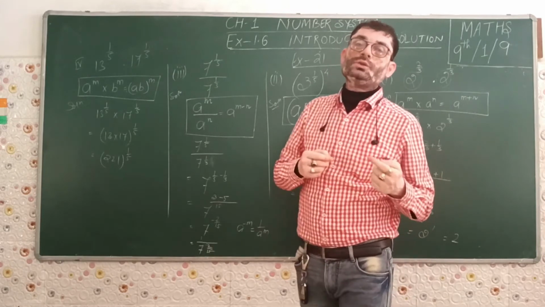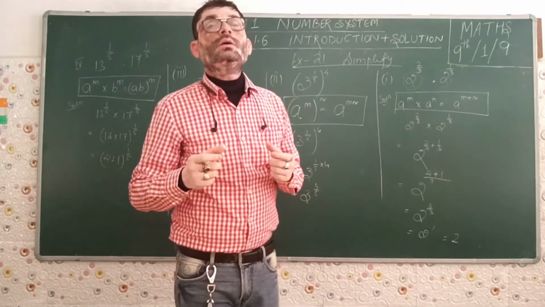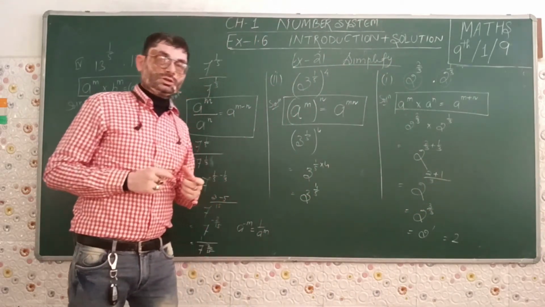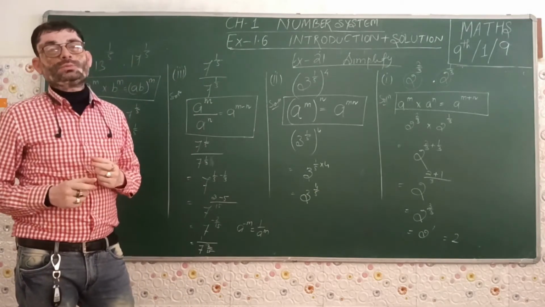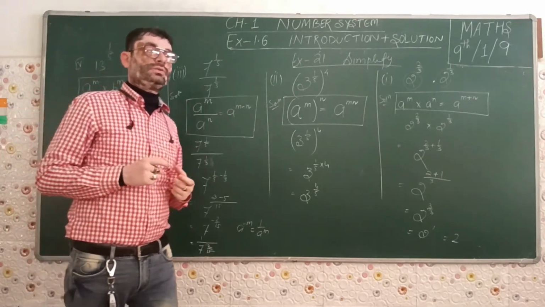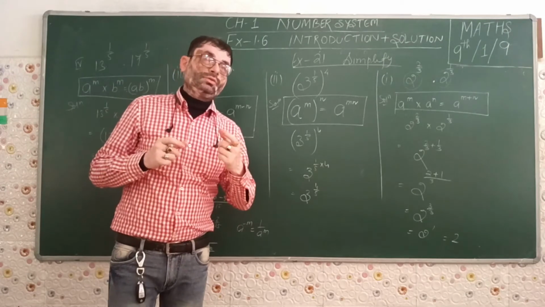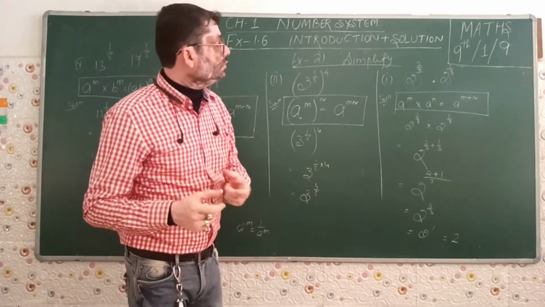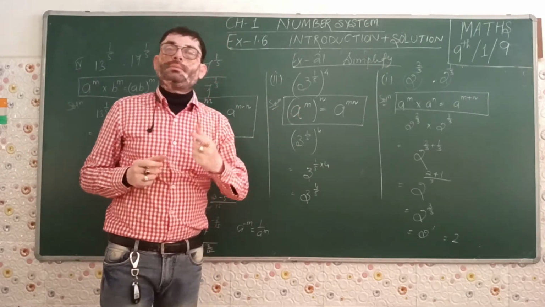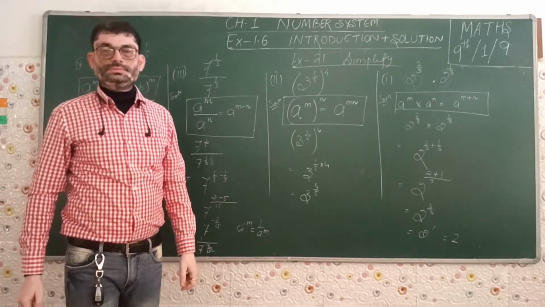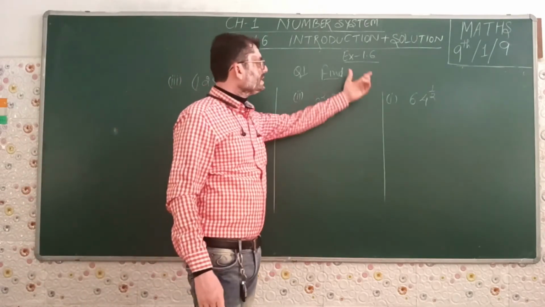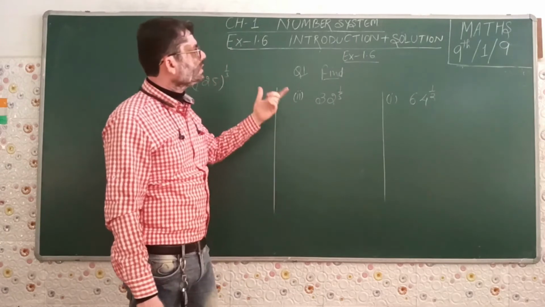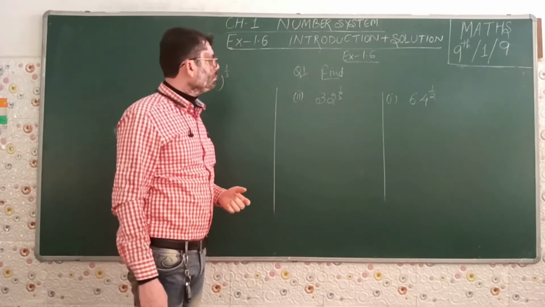Keep in mind, you need to work on what the laws of exponent are, how to use them, and they should be used appropriately for appropriate questions. Exercise 1.6. Let us move on to the solution for exercise 1.6.